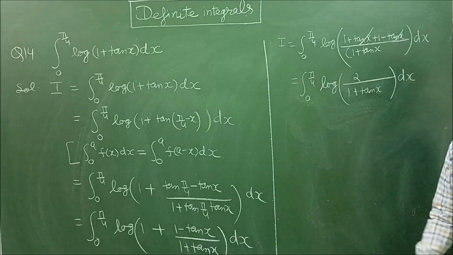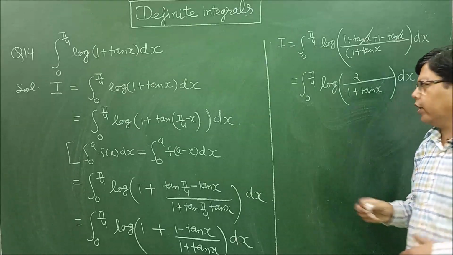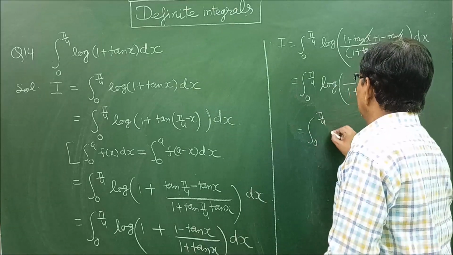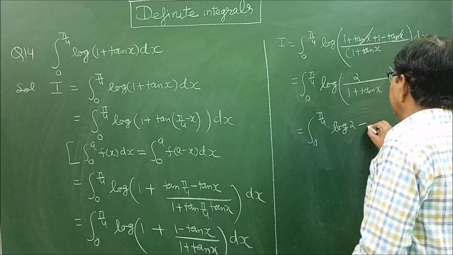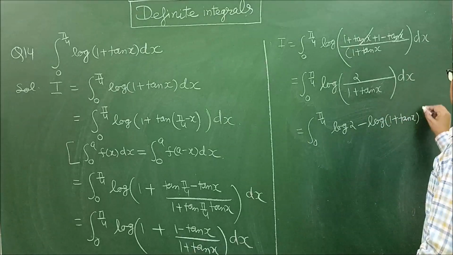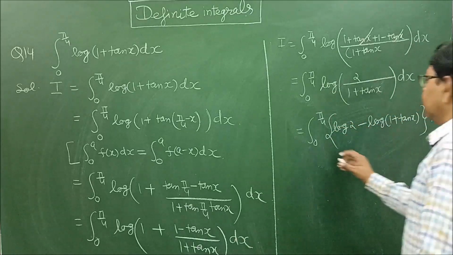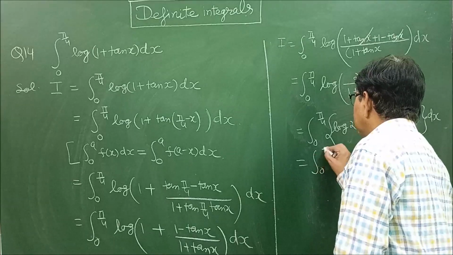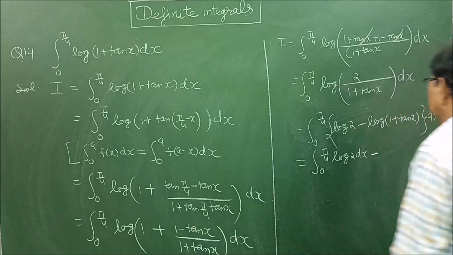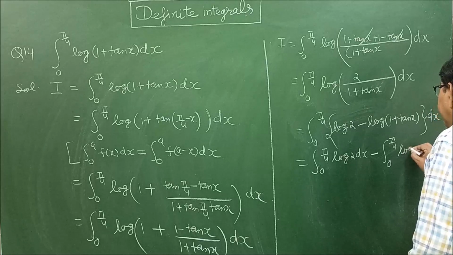Now using the log property, log(m upon n) is equal to log m minus log n, this can be written as the integral from 0 to pi by 4 of [log 2 minus log(1 + tan x)] dx. Now separating the two functions, I can write this as the integral from 0 to pi by 4 of log 2 dx minus the integral from 0 to pi by 4 of log(1 + tan x) dx.